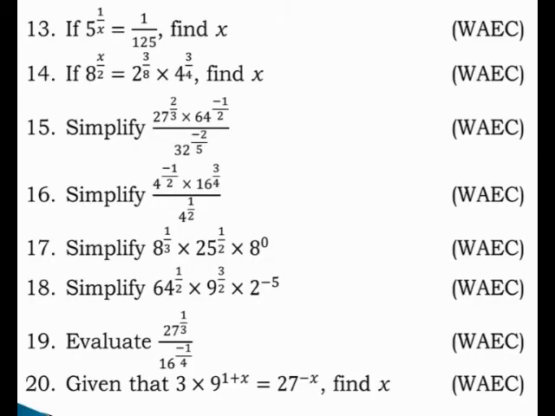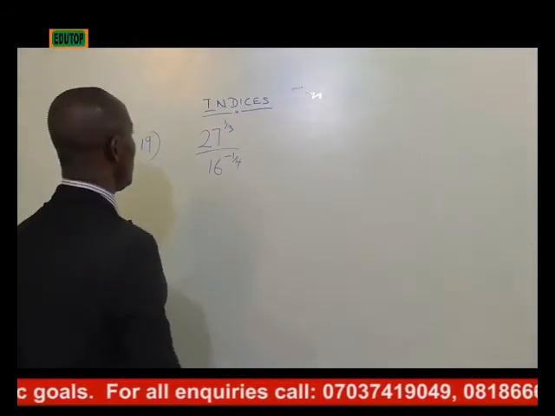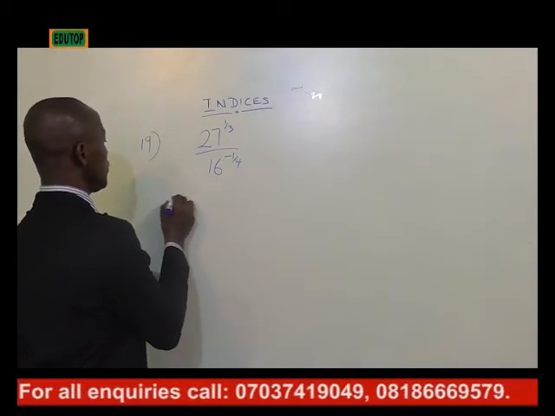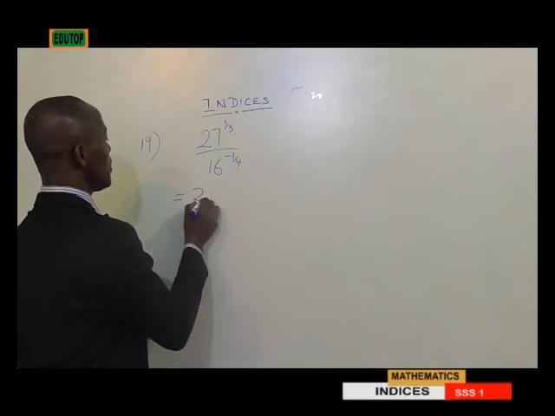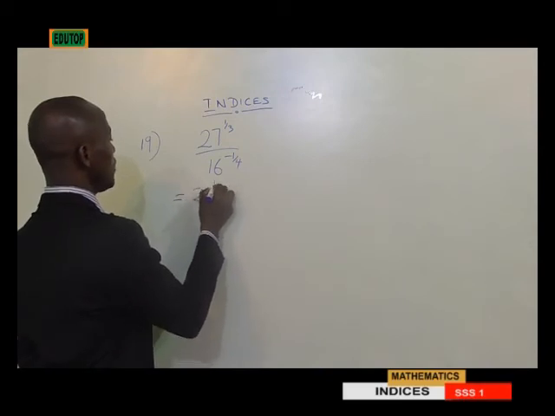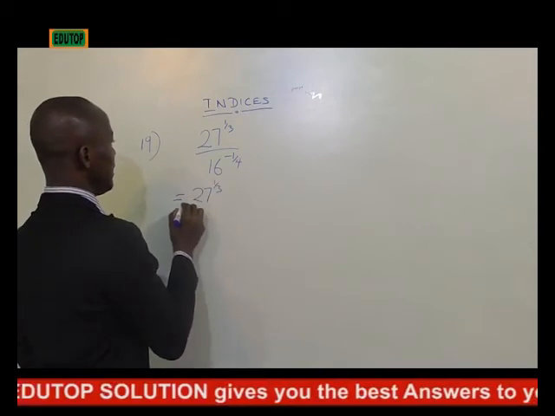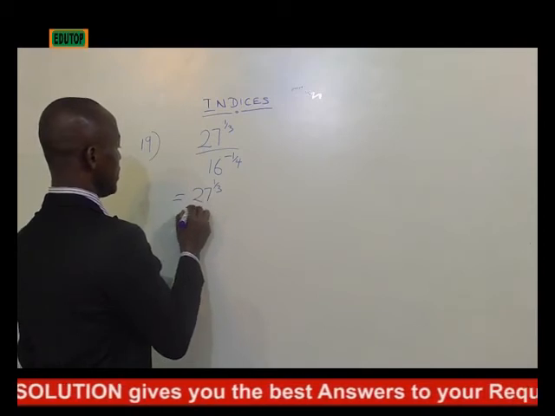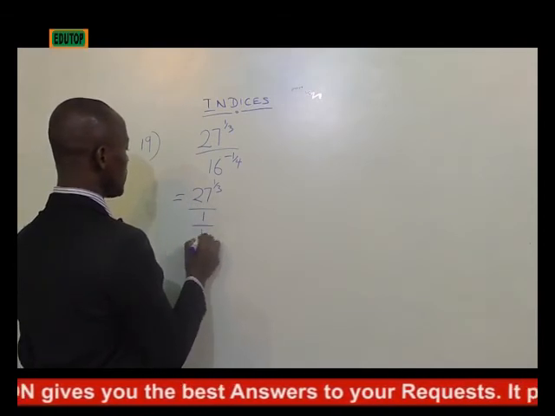Example number 19. Evaluate 27 raised to power 1 over 3 all over 16 raised to power minus 1 over 4. The first thing we have to do is resolve this minus. So this will be equal to 27 raised to power 1 over 3 divided by 1 over 16.